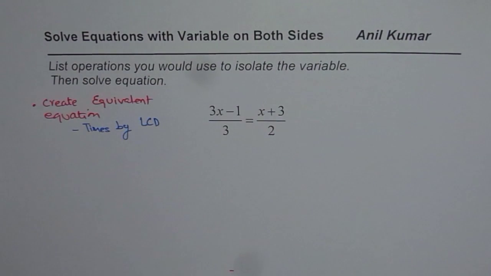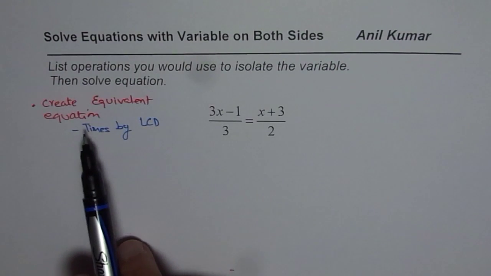Whenever you have equations with fractions or rational numbers involved, you should make them linear without fractions, right? So you do that by creating an equivalent equation.